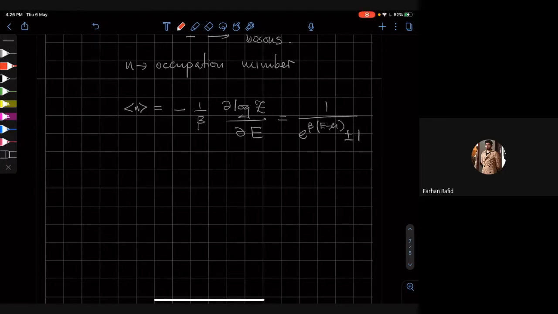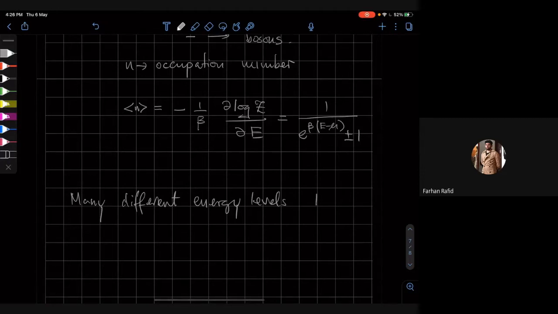The generalization is that now suppose that we have many different energy levels. i is now an index, and let N_i be the occupation number of each level.